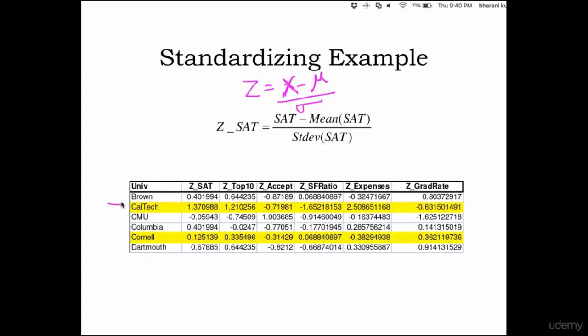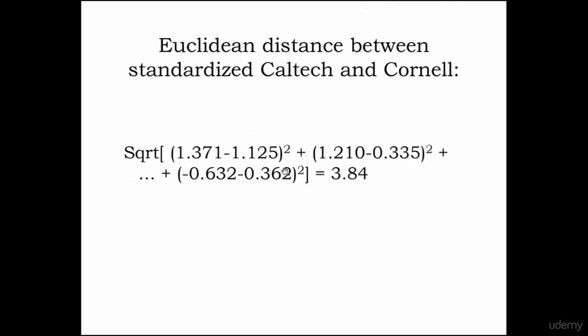You have Caltech and Cornell, and you're standardizing the data. When you calculate the distance between Caltech and Cornell using the standardized data, you get 3.84. Here, the scale is not influencing your distance calculation.